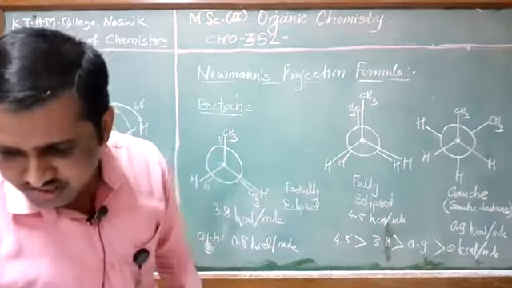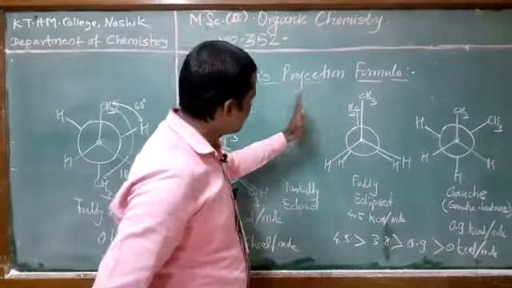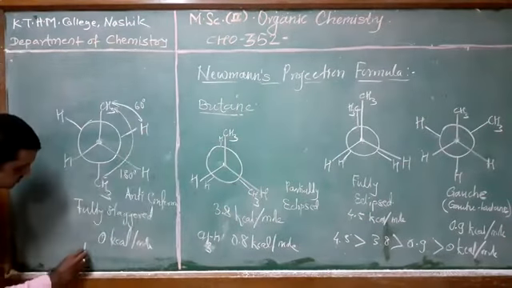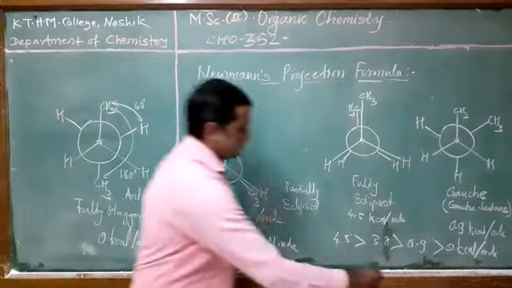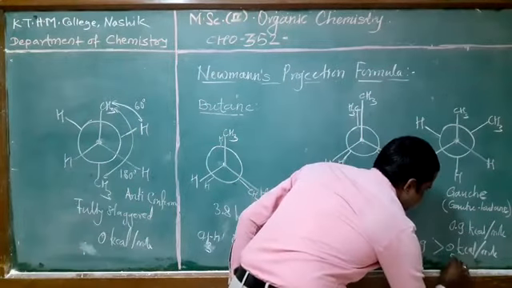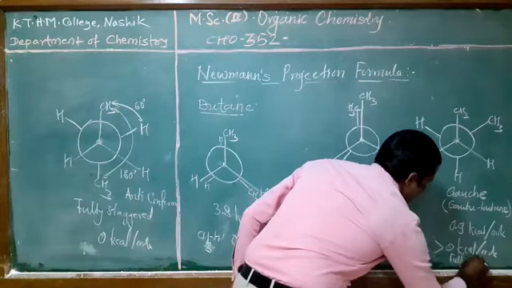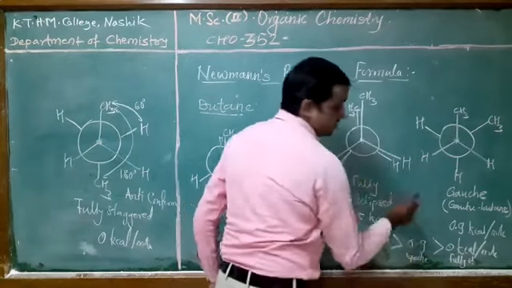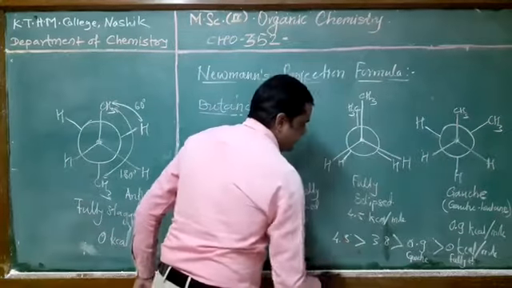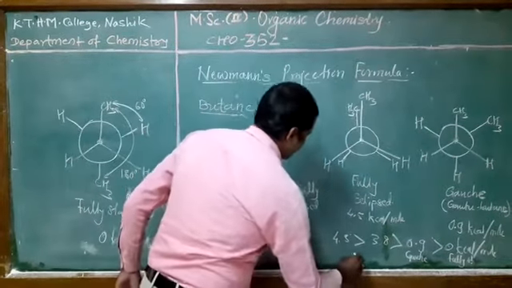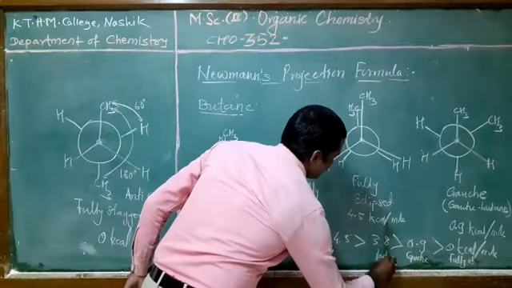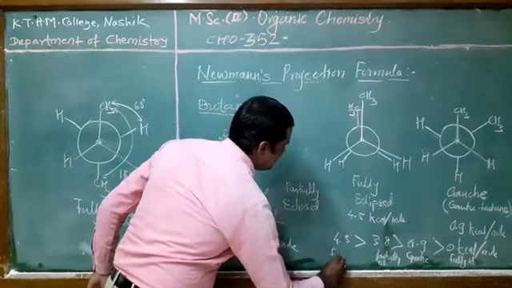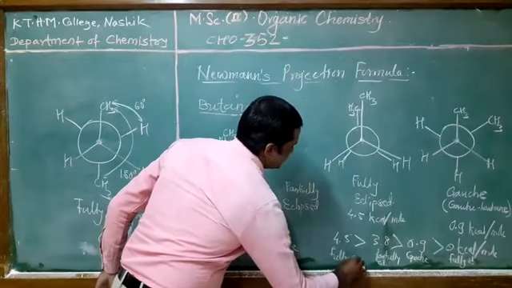So among these different conformations, this one is the most stable. Here I am going to write fully staggered, then gauche having the energy 0.9 kilocalorie per mole, 3.8 which is related to the partially eclipse, and lastly the most unstable is the fully eclipse conformation.